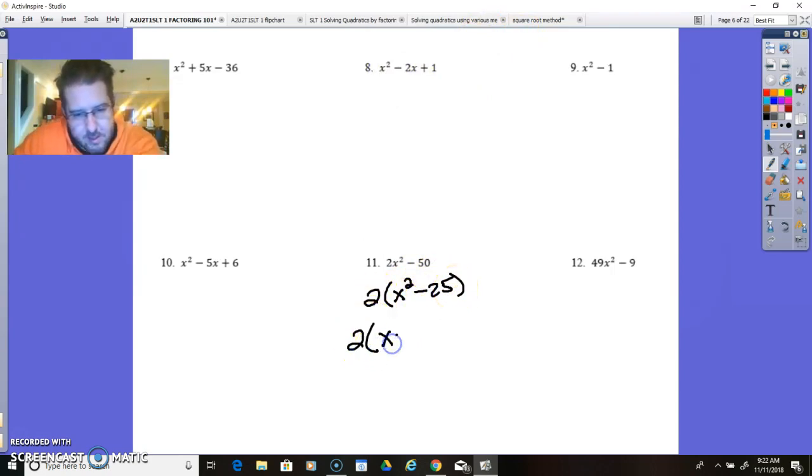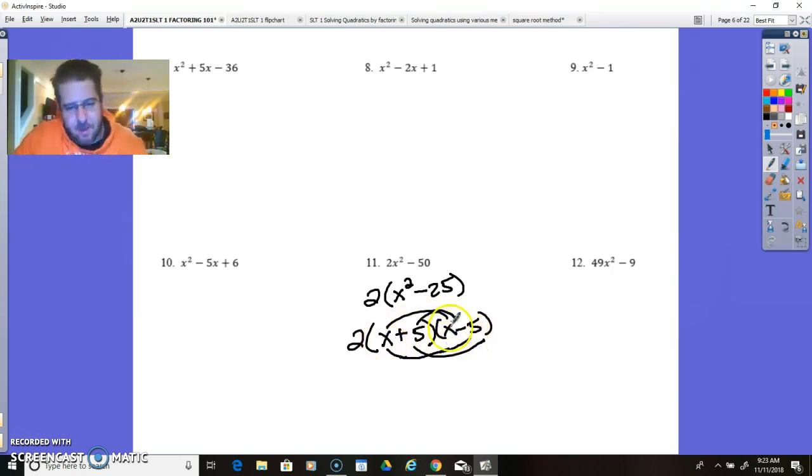So this is really x plus 5 times x minus 5. And if you use FOIL, you'll see that these two are the same thing. x times x is x squared, 5 times negative 5 is negative 25. And then when you do the inners and outers, the inner is positive 5x, the outer is negative 5x. They cancel each other out.